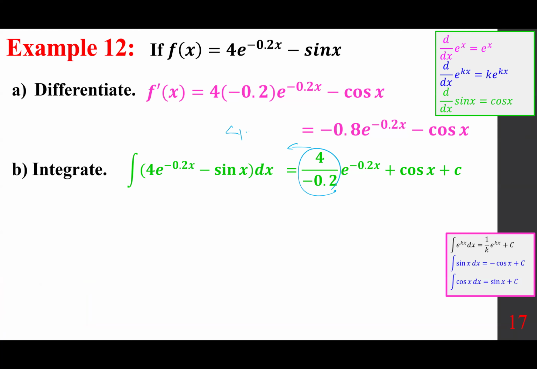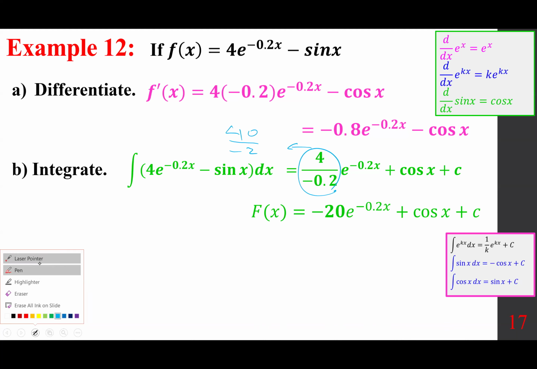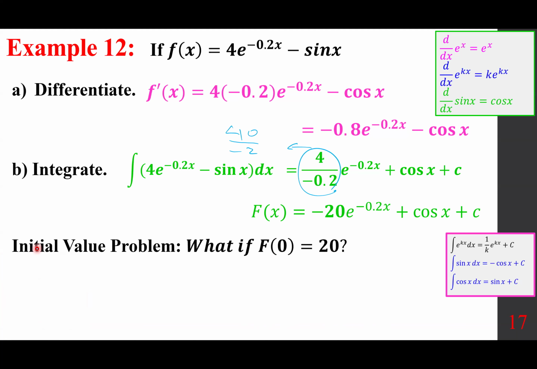This is the same as 40 over -2, which is -20, and that's the final answer. What if capital F of 0 is 20? Well, this is the general solution, we are making it into an initial value problem.